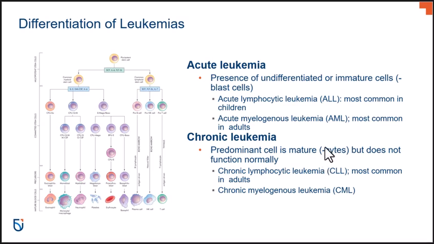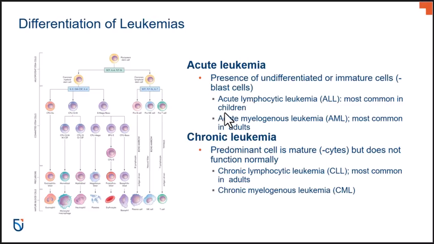So the mature cells will get the name, you'll oftentimes see cytes as the suffix, whereas immature or undifferentiated cells, you'll see the term blast. Now in both cases, acute versus chronic, the cells are atypical and they don't function properly. But the difference really between acute versus chronic is relating to the stage that the white blood cell is in, in its process of differentiation.